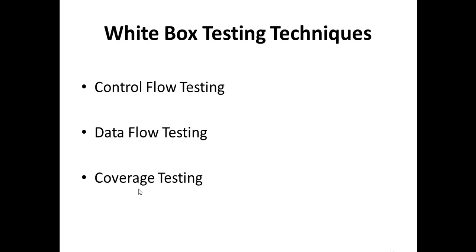For that you might need to enter different conditions so that maximum coverage is achieved. Generally 70 to 80% of the code should be tested in coverage testing. So these are the three different techniques which will assist you in white box testing.